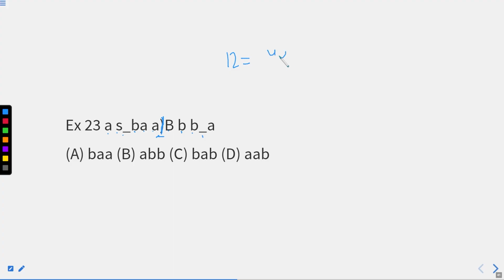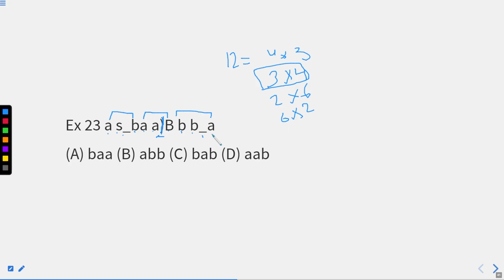Either 4 into 3 or 3 into 4, or we can divide them 2 into 6, 6 into 2. Now why am I doing all this? We can make a pair of 4, pair of 4, pair of 4. Total we get 3 pairs. This is going to be the solution.